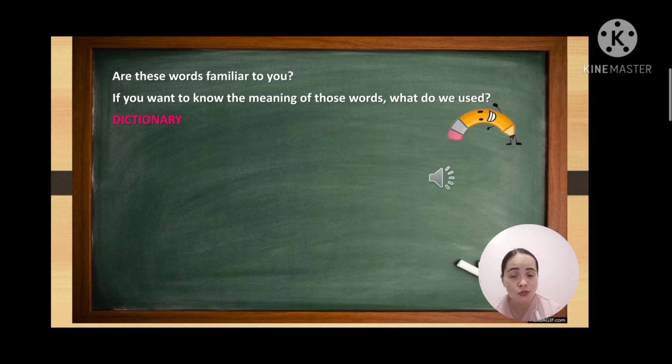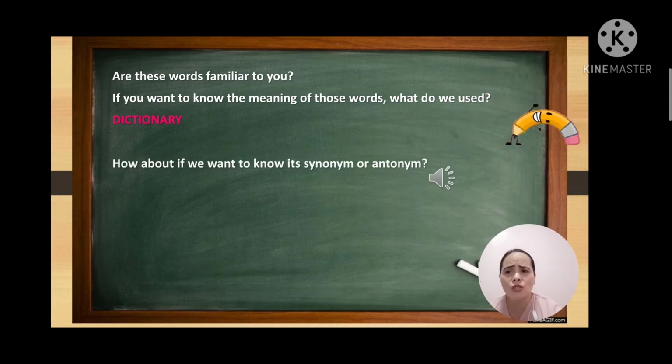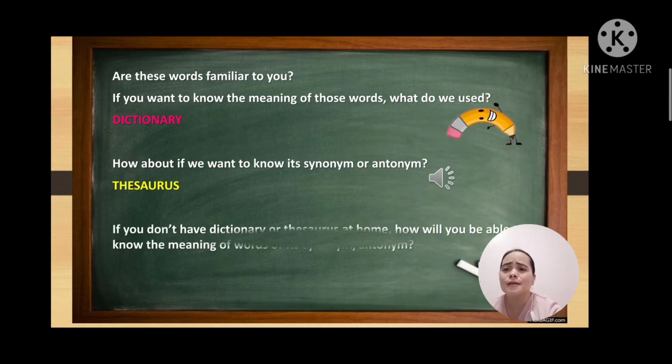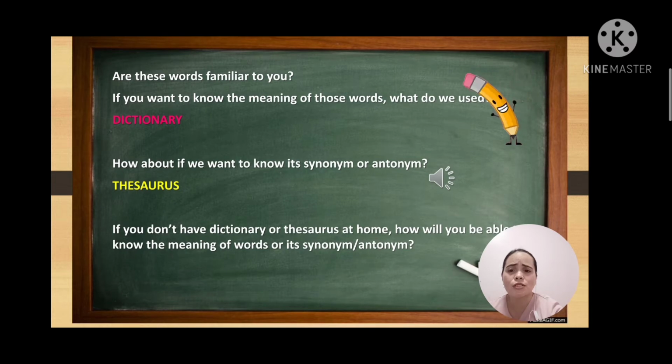We're going to consult a dictionary so that we will be clarified on the meaning of a certain difficult word. Next, how about if we want to know its synonym or antonym? Yes, exactly. We're going to use thesaurus. Now, how about if we don't have a dictionary or thesaurus at home? How will you be able to know the meaning of words or synonym or antonym? Can you guess, class?